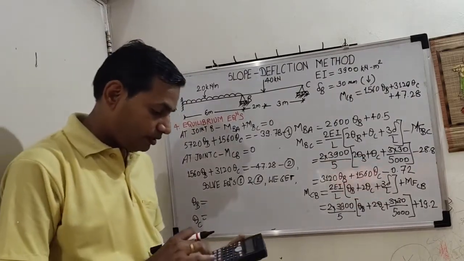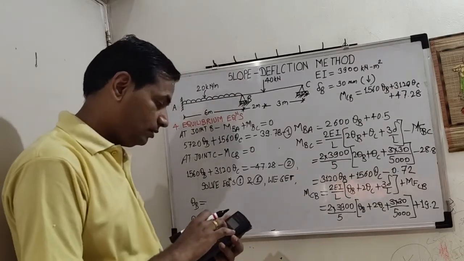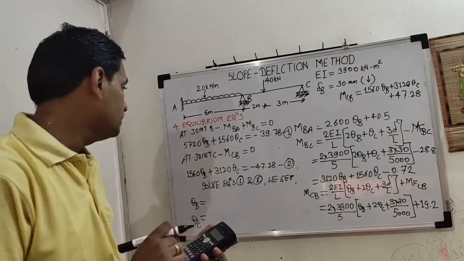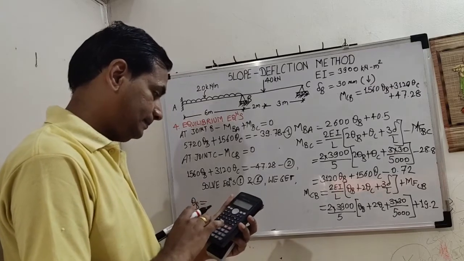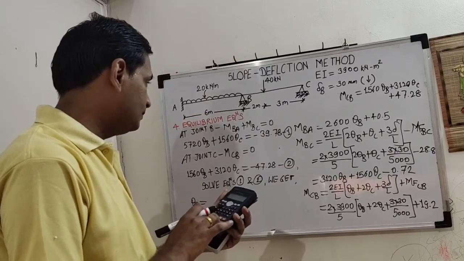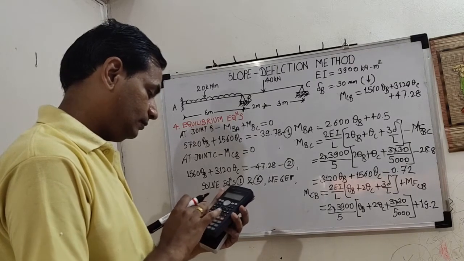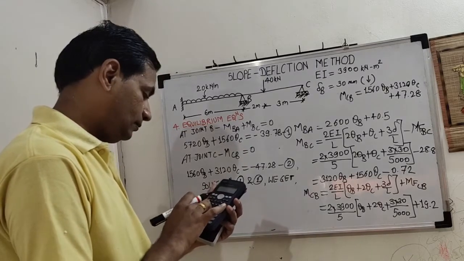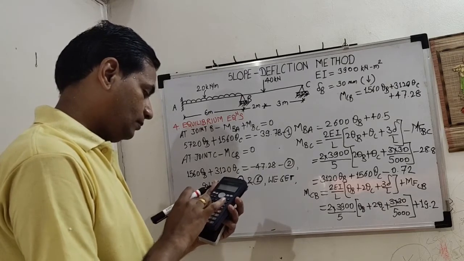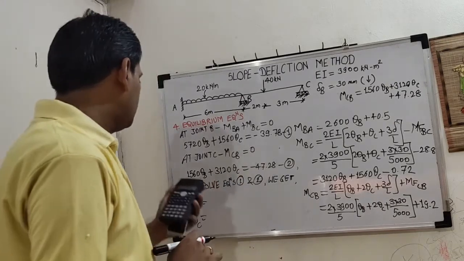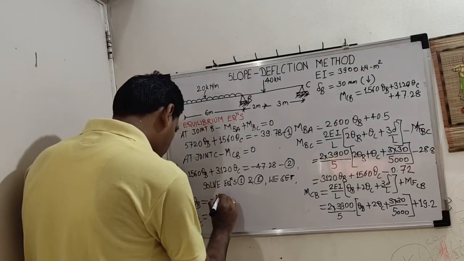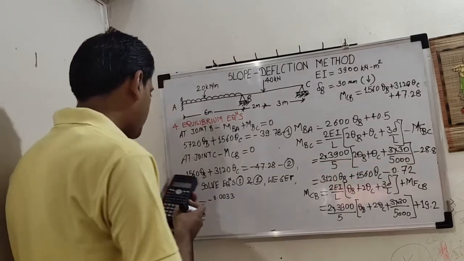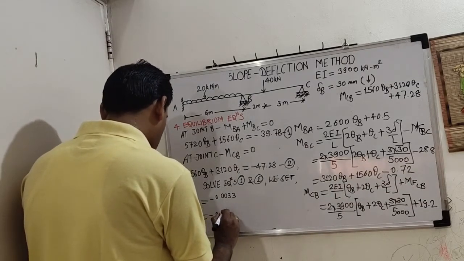Just let me check. So it is minus 0.0033 theta B value, and theta C is minus 0.014.